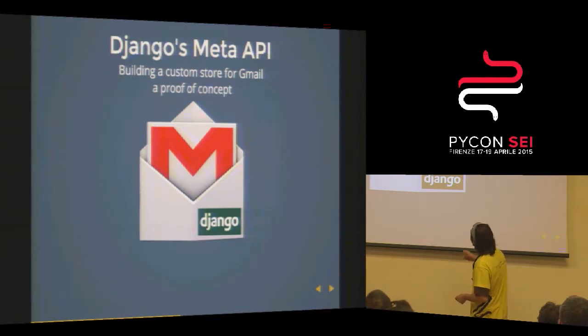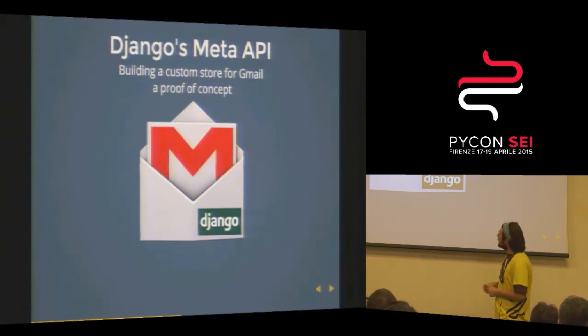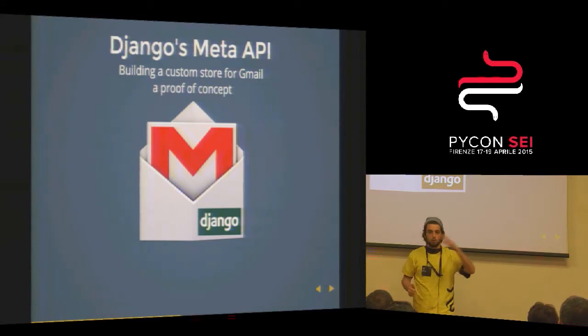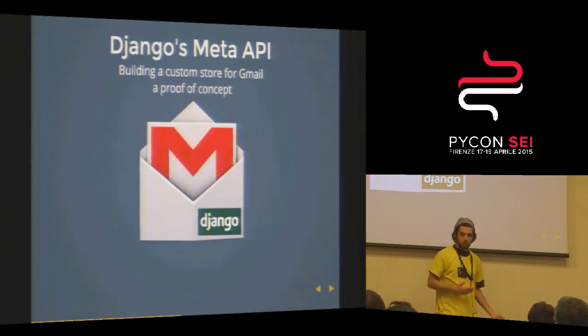That is a proof of concept, so it's not used for production. But what it does is that it connects to Gmail's API to communicate with, on one side, Django's admin and the model forms and all those great components. But on the other side, we'll be able to communicate with Django's REST API, and so do a lot of great work over there.